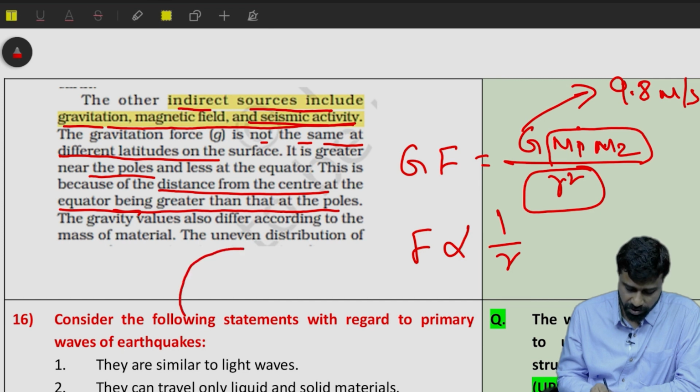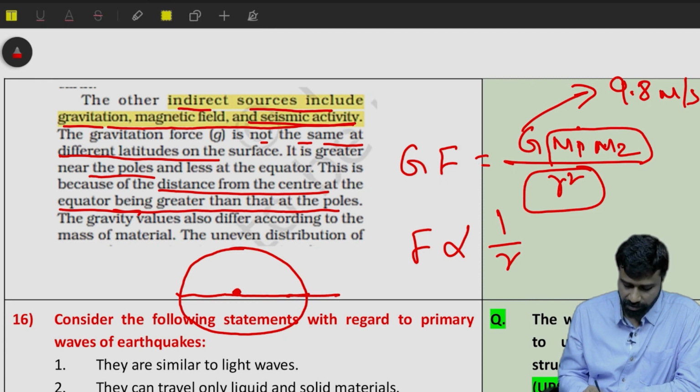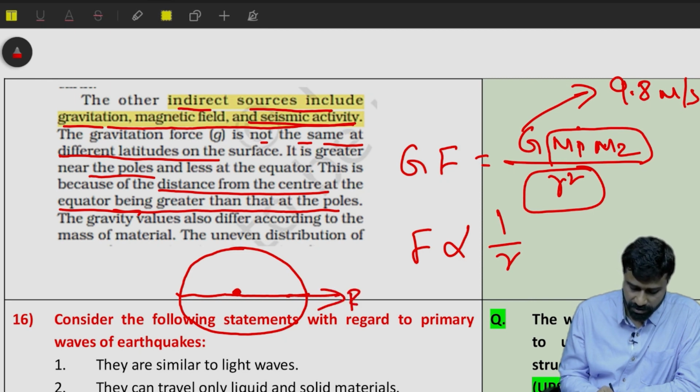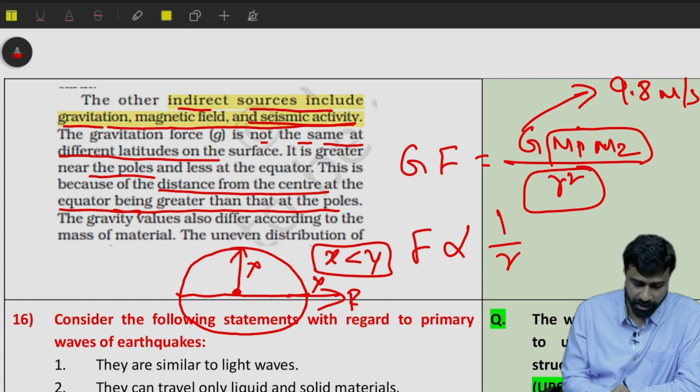This is the geoid shape of the earth. This is the distance from the center of the earth, this is the radius, right? Suppose this distance is x and this distance is y. If x has less distance than y, therefore at x the gravity is higher and at y the gravity is lower.